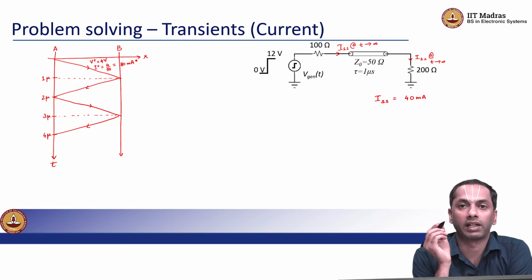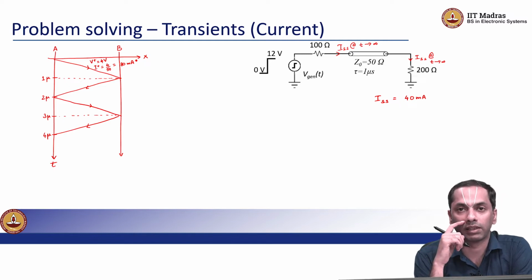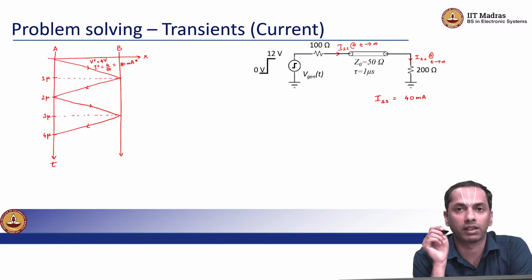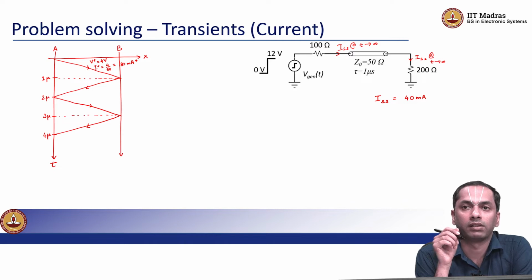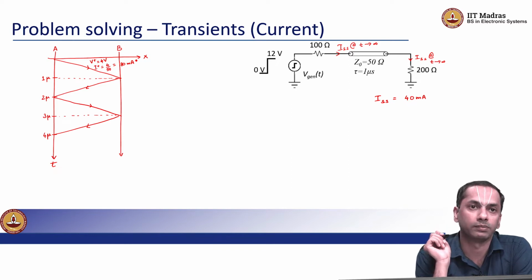Okay, so we are actually overshooting, right? So the current that is actually flowing in the transmission line is actually higher than the steady state current, right? So we launched 4 volts into the transmission line, which corresponds to a current of 80 milliamps. Okay.